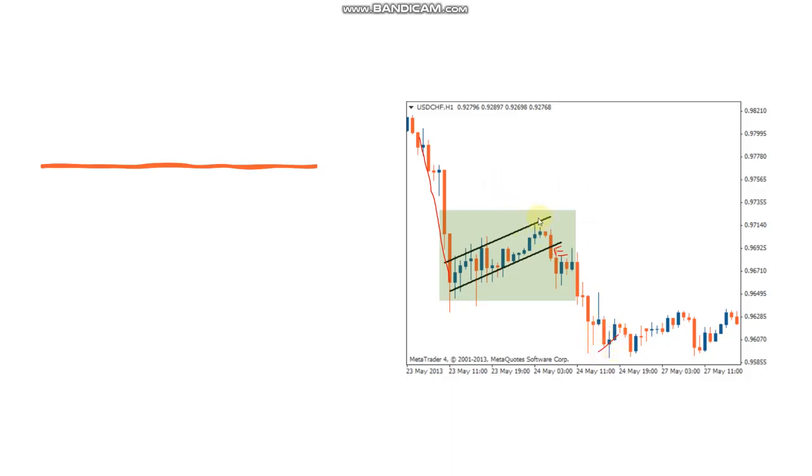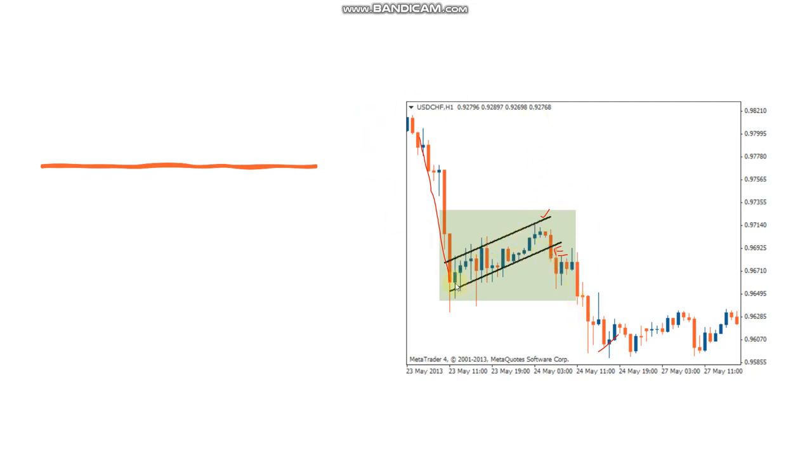And if the market had broken this line, then we would have gone for a long trade. But in this example, we have seen that after a big giant move, the market consolidated, where it made a flag. After that, it went down again.